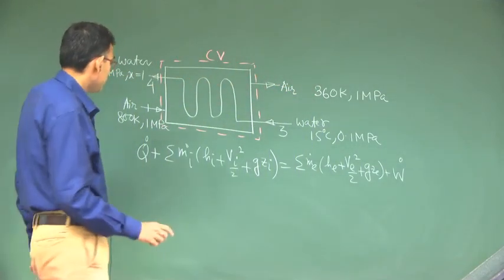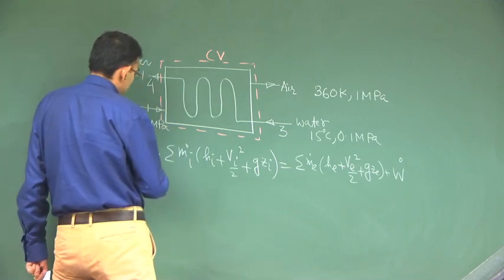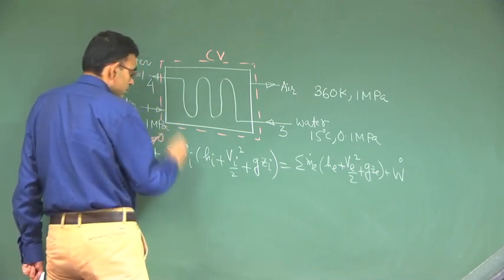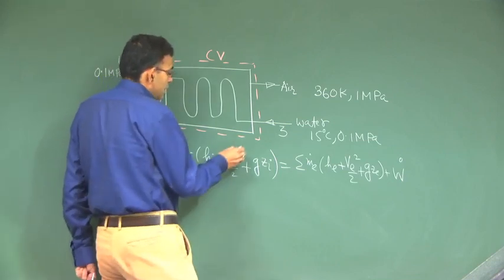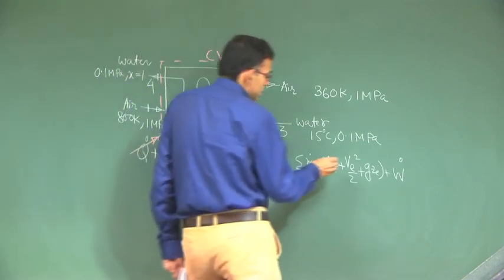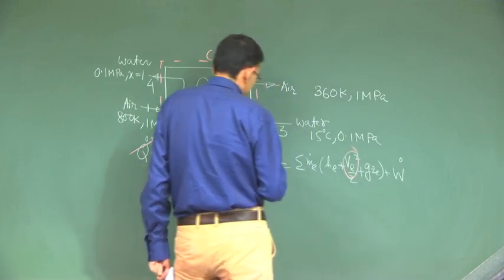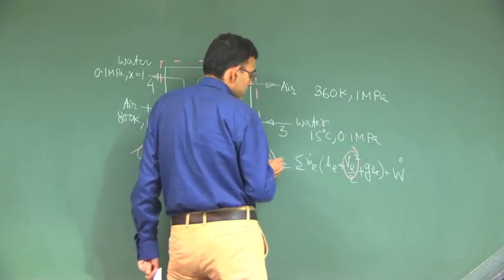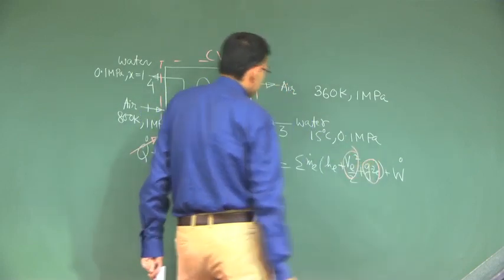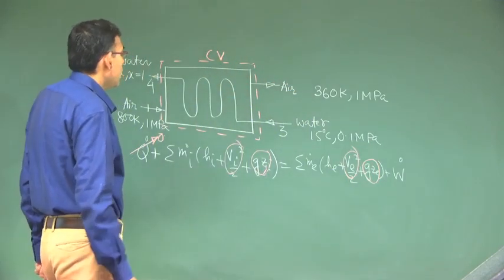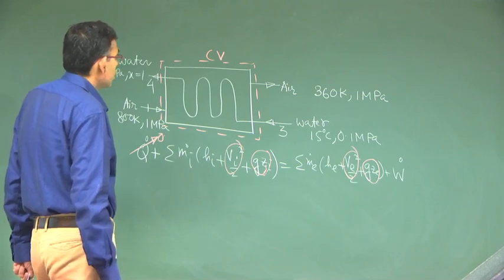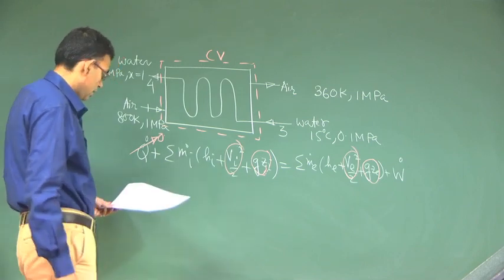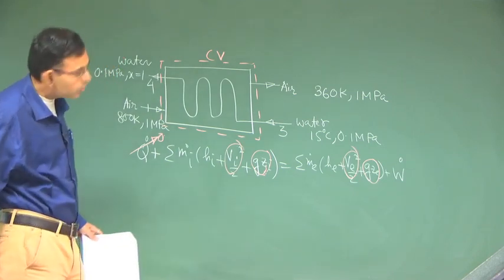So, straight away there is no external heat transfer, kinetic energy and potential energy changes are neglected, and m dot 1 is equal to m dot 2.